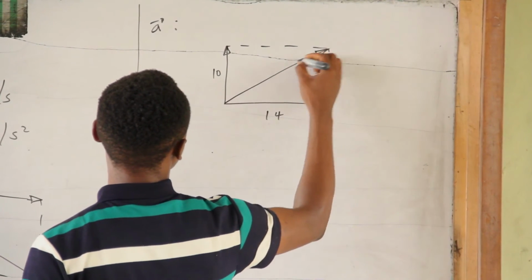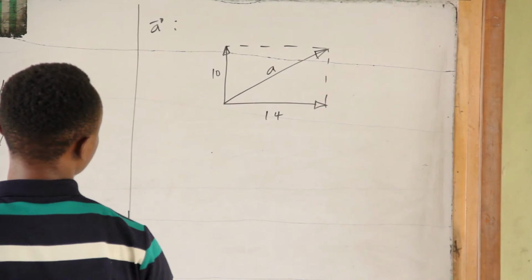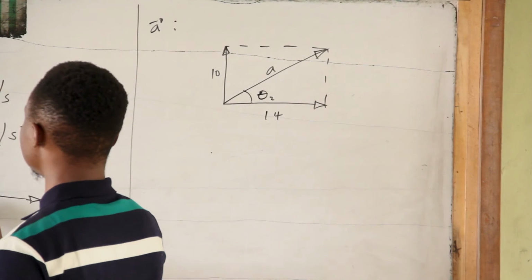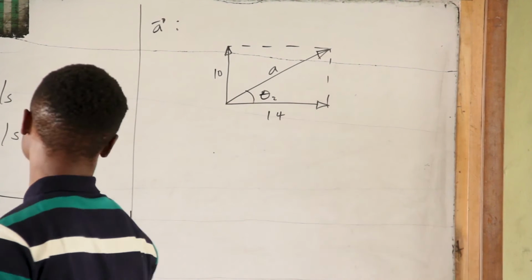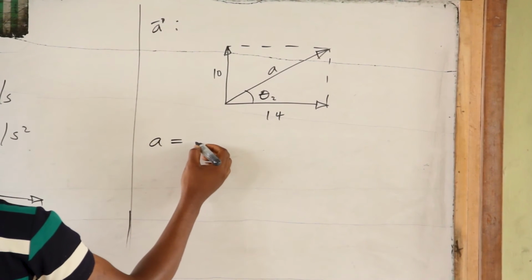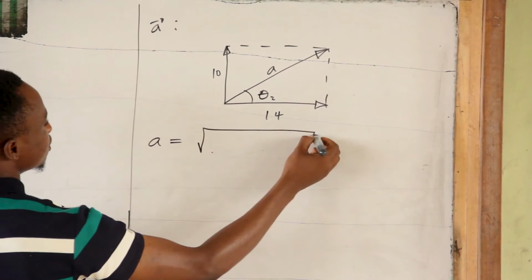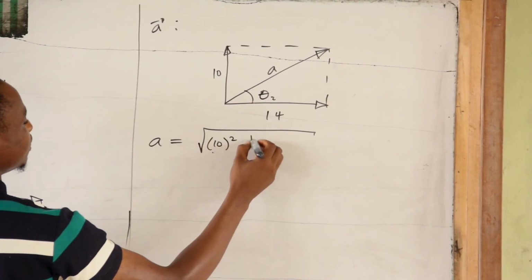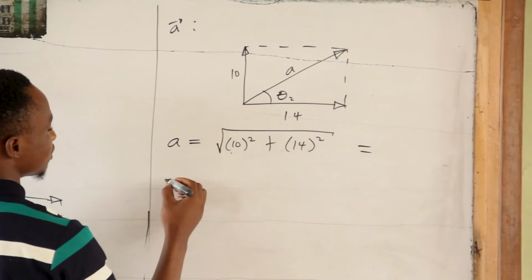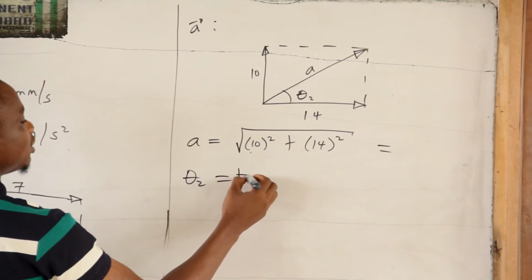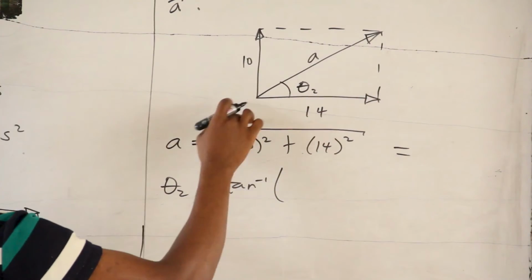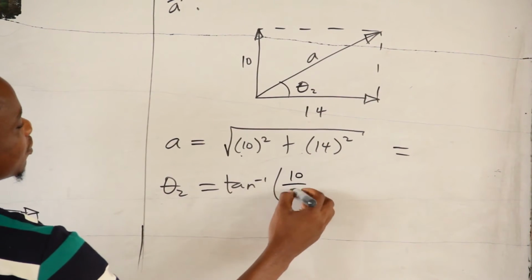It's the acceleration. I'll find out the angle, say theta 2, let's say this is theta 1, that it makes with the x-axis. The magnitude of acceleration is going to be equal to the square root of 10 squared plus 14 squared. So whatever that gives us, and theta 2 is going to be equal to the tan inverse of opposite 10 over adjacent 14.